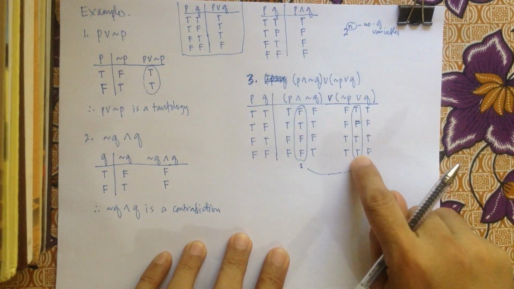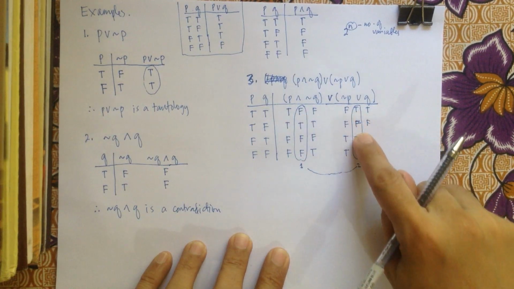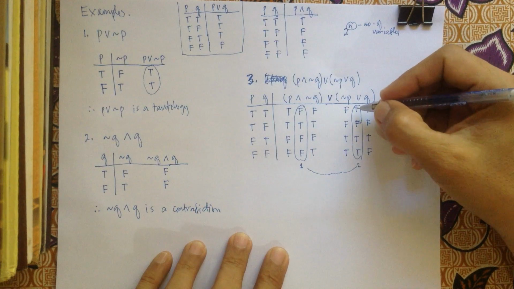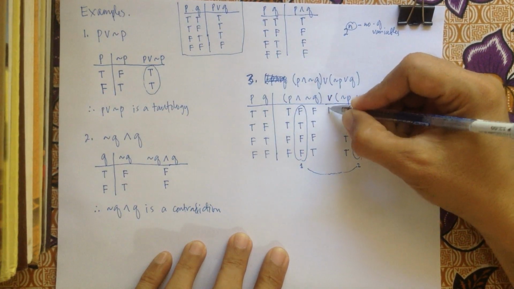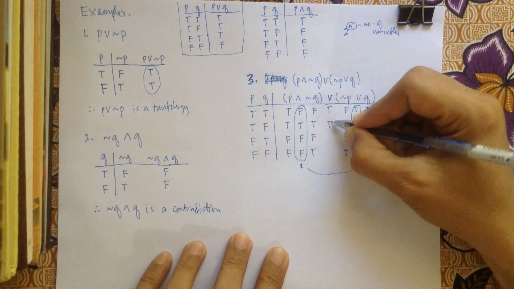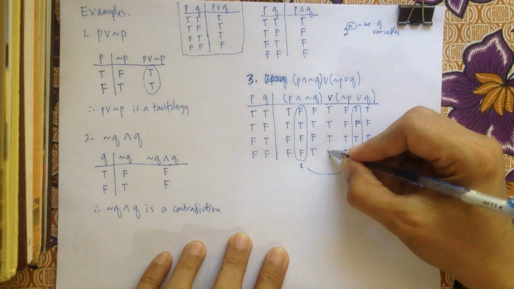But if you notice, at least there is one component that is true. So that means that this is true, this one is true, false, true, so this is true, and this is true.